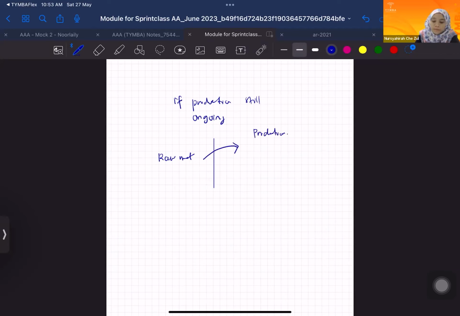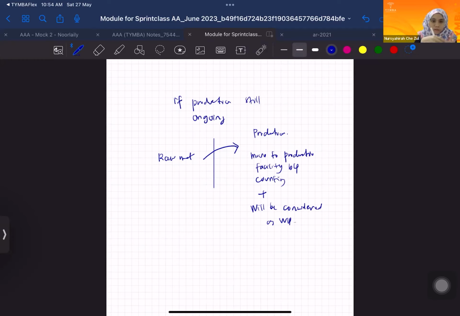move to the production facility before counting. And then one more thing, it will be considered as WIP. So whatever raw materials that you need to use for that production purpose, you put in one place, which is at the production area.